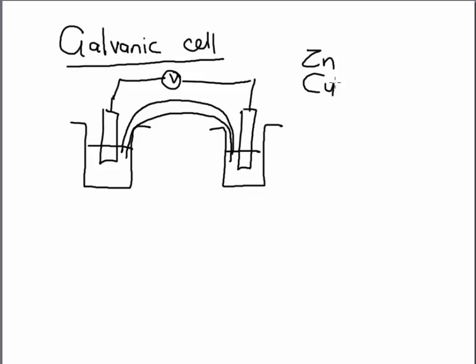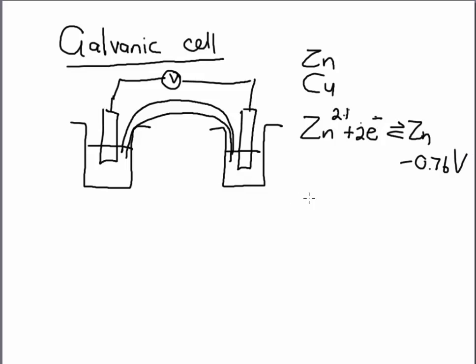So if you go and you have a look at it, you'll see that Zn2+ plus 2 electrons will form Zn, and I'm writing down the half reaction with the double arrows in the middle. It has a value of negative 0.76 volt.